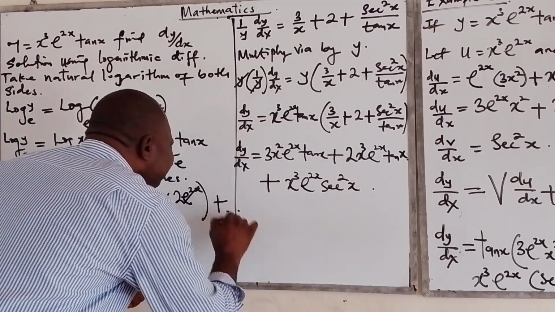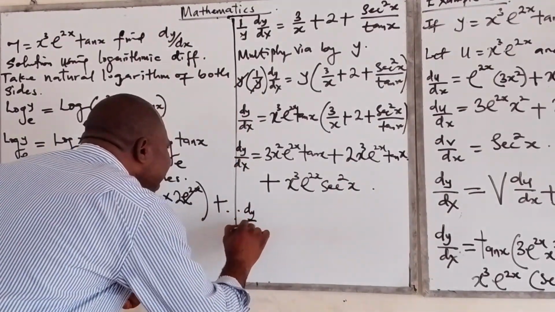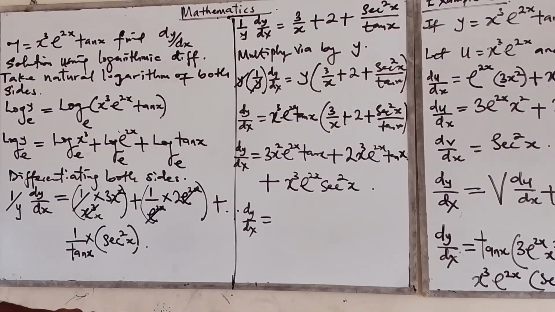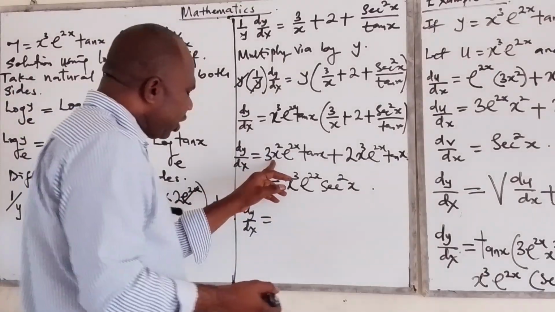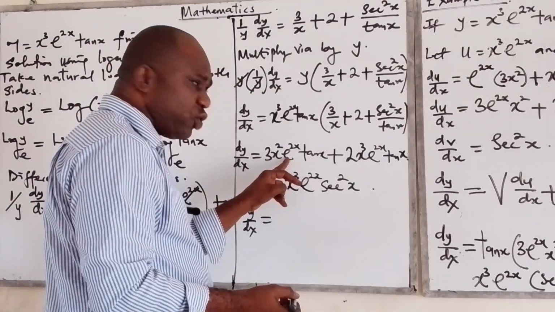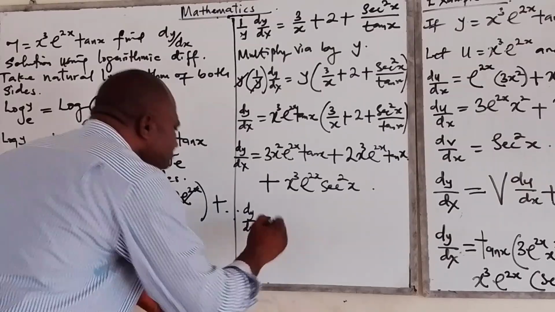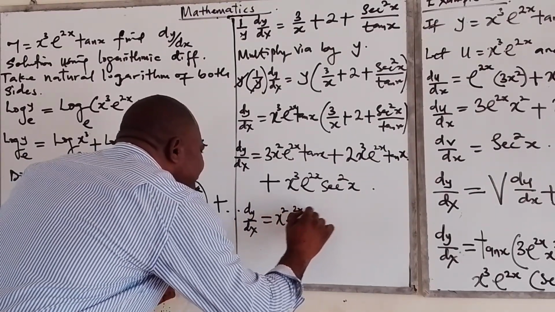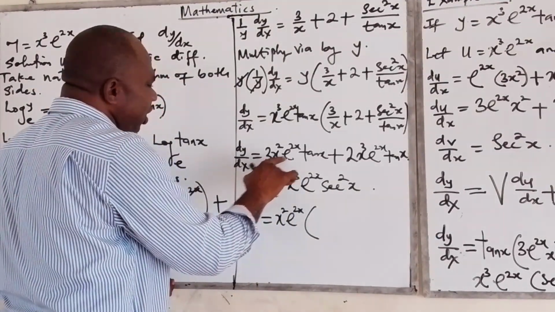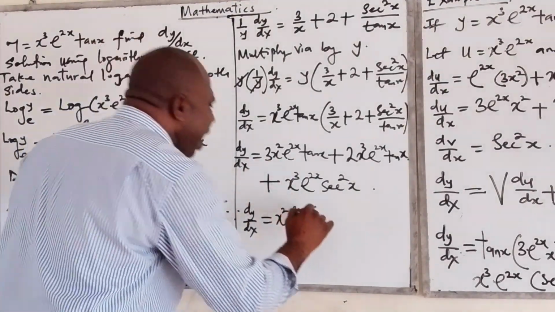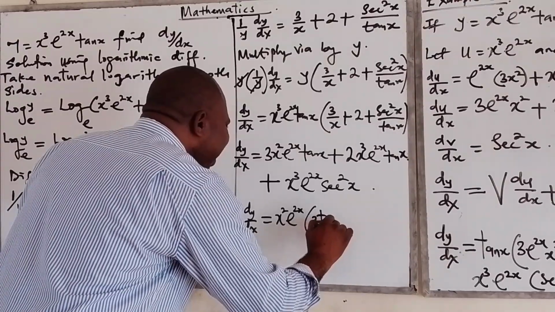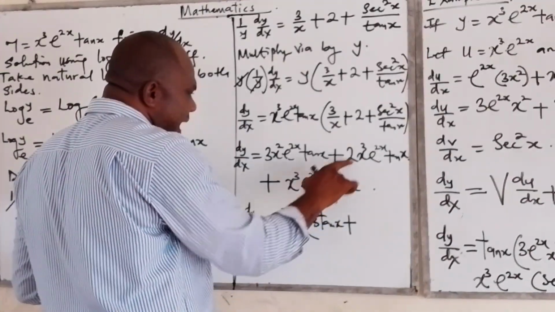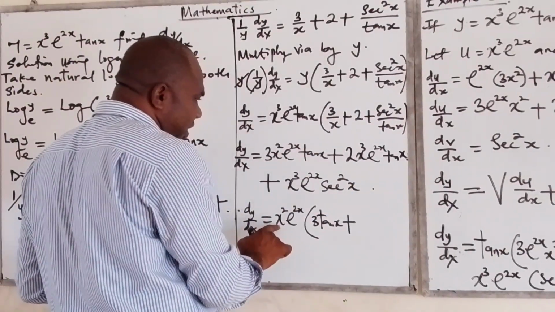So it therefore means that dy/dx will be equal to, now let's look at this. x squared is common. e to the power 2x is common. So when you take out x squared, e to the power 2x, you'll be left with this and this. So here we have 3 tan x plus, this one is outside, and out of this x cubed, x squared is outside.